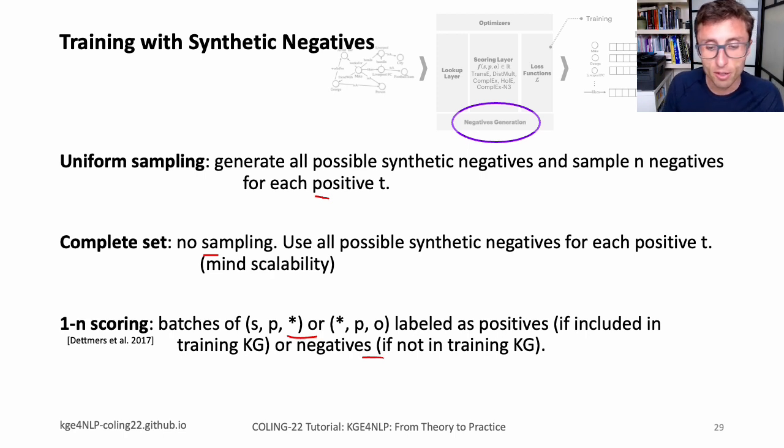Now, it's another variation on the theme, but the take-home message is that we create these synthetic negatives to make sure that we have these examples to train the model and learn how to tell true facts from false facts.